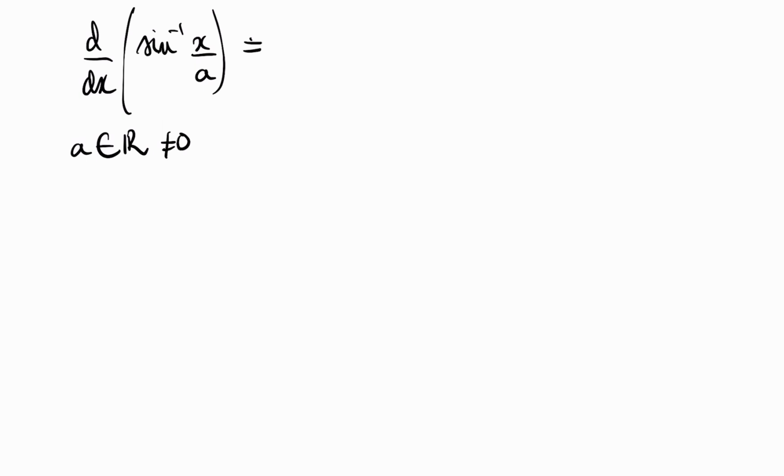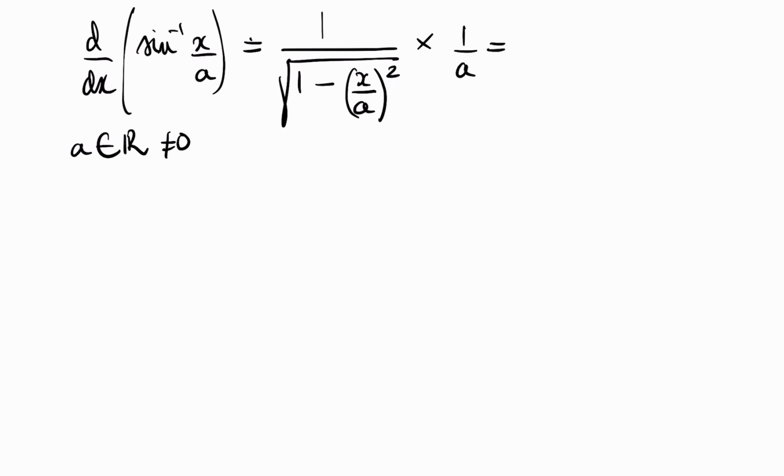So that's 1 over root of 1 minus x on a squared, times the derivative of what's inside, which is 1 over a. Can we simplify that? Yes, a little bit. So it's a root of 1 minus x on a squared.